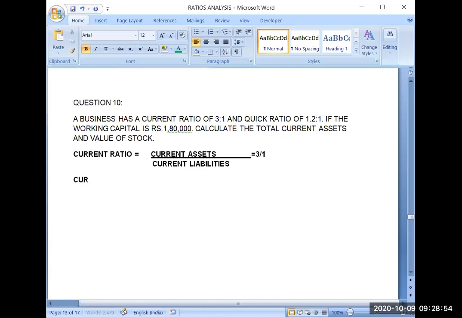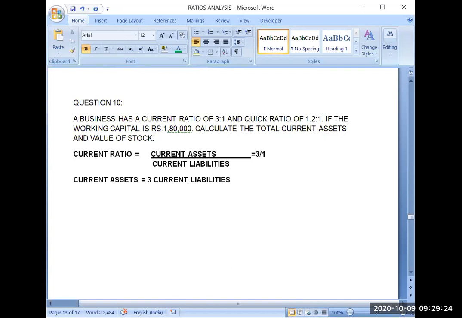So current assets is equal to 3 multiplied by current liabilities, that will become 3 current liabilities. Means if I multiply current liabilities by 3, then I will get current assets.